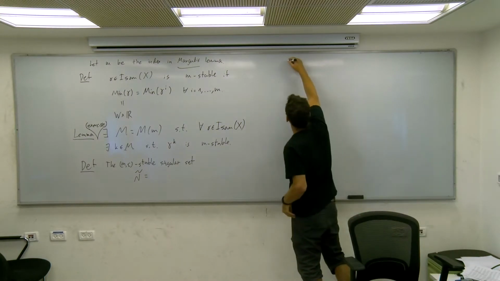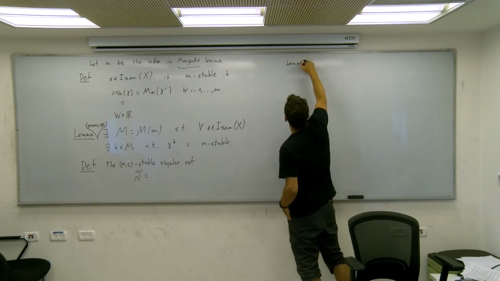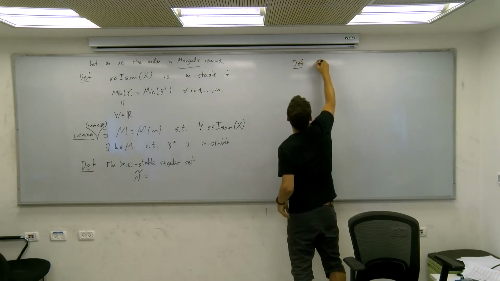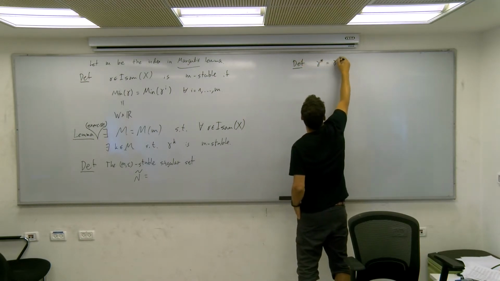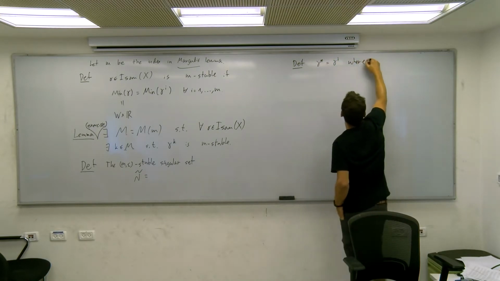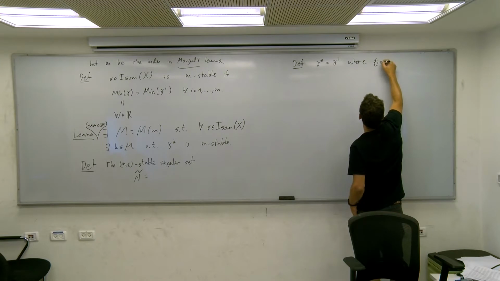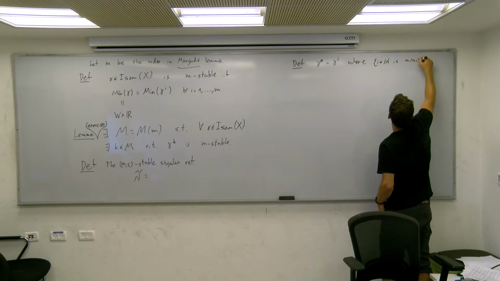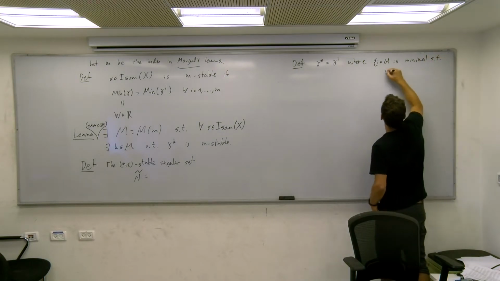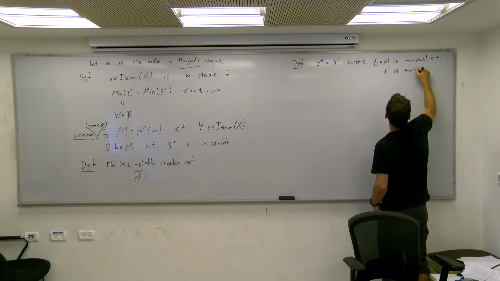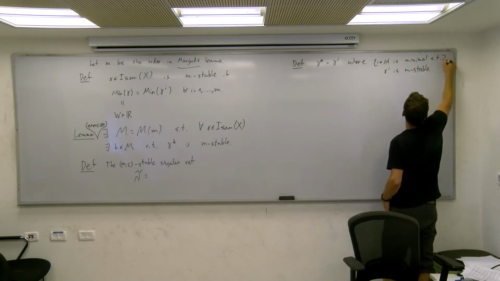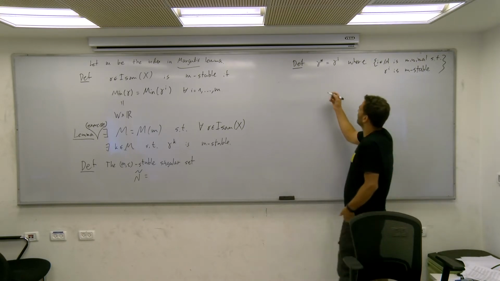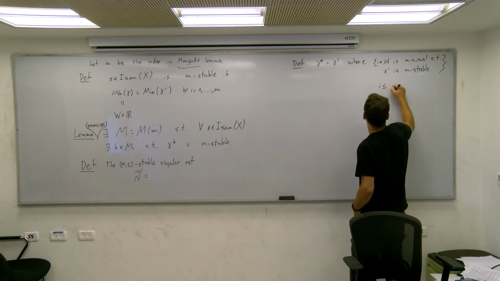So, definition. Gamma star is gamma to the I, where I in N is the minimum such that gamma to the I is m stable. I take the smallest power which makes it m stable. And you know that I is at most m.